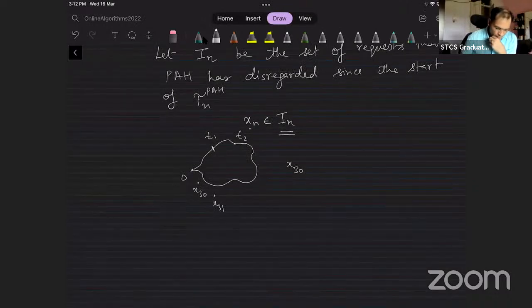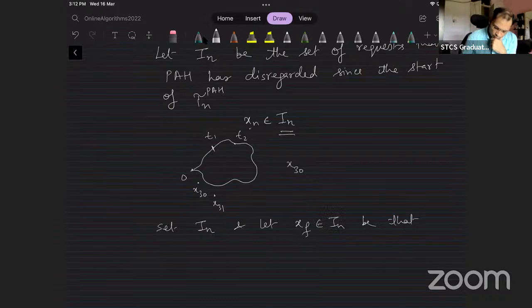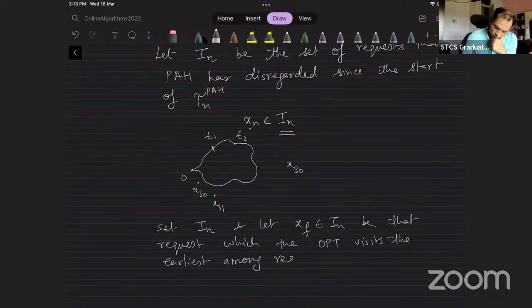Okay, so now look at set IN and let XF belong to IN be that request which the OPT visits the earliest among requests belonging to IN.